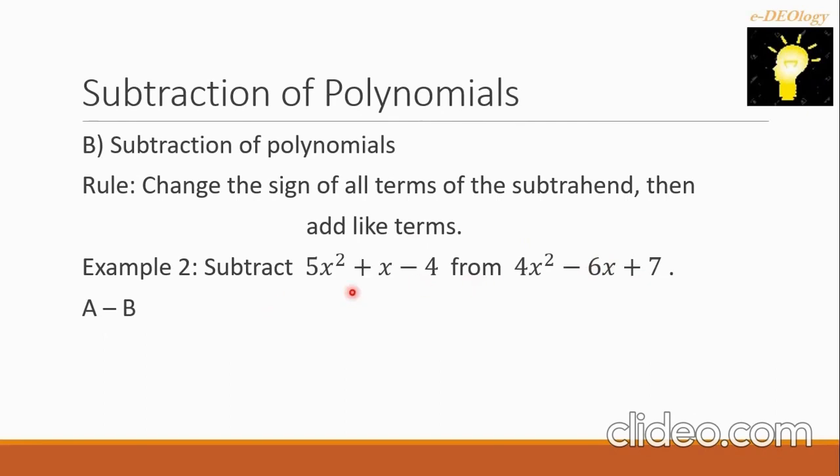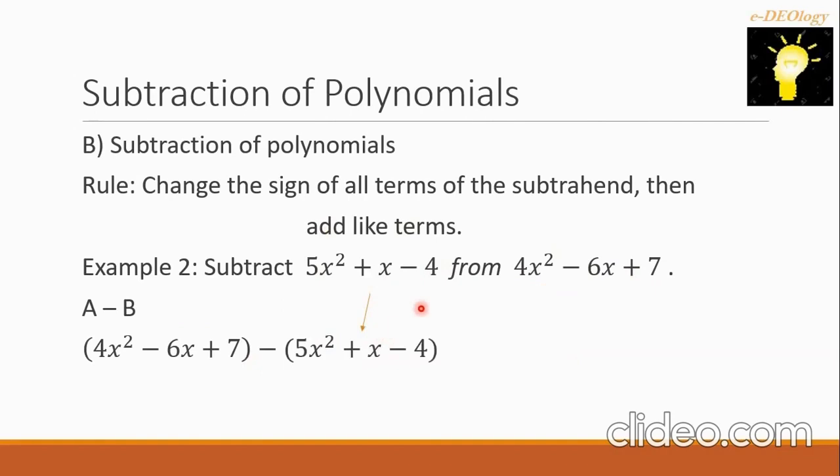But based on the manner of the problem is written, the second polynomial here is considered to be the a, and this first polynomial here is our b. So it means to say we're going to put the second polynomial first. That will be our minuend, followed by our subtrahend.